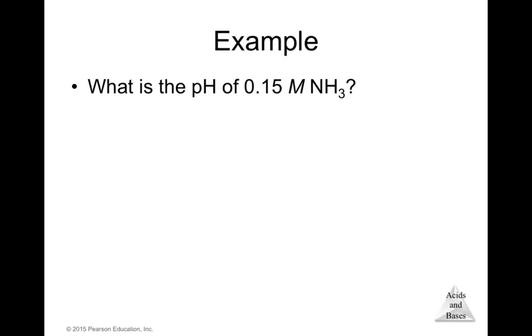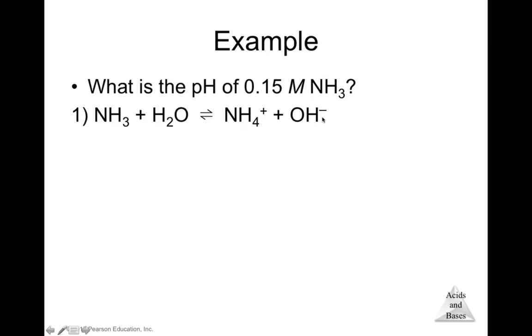So let's do an example. What is the pH of 0.50 molar NH3? Remember, NH3 is a weak base. For bases, usually we determine the pOH, and then from the pOH we can calculate the pH. So NH3 plus water is in equilibrium producing NH4 plus and OH minus.